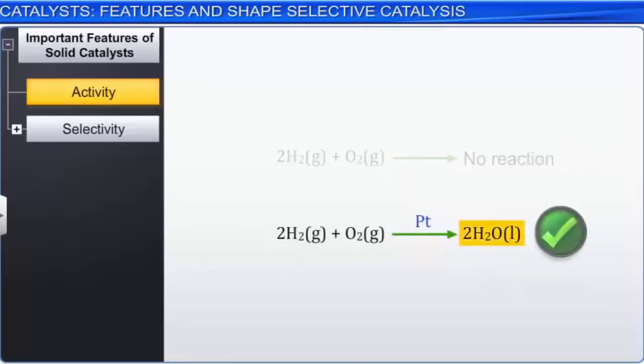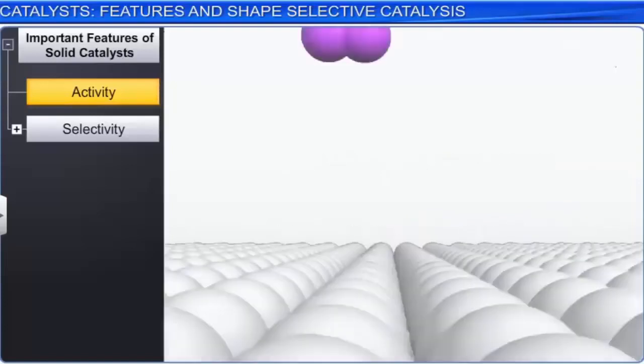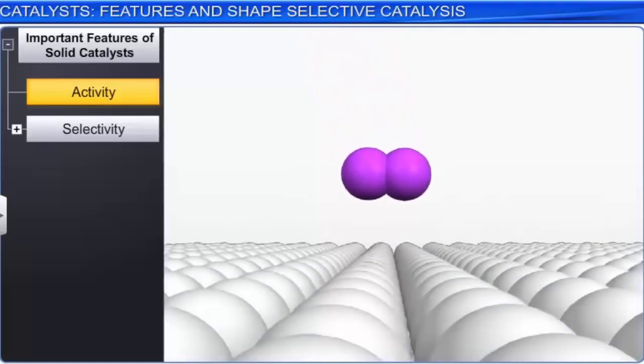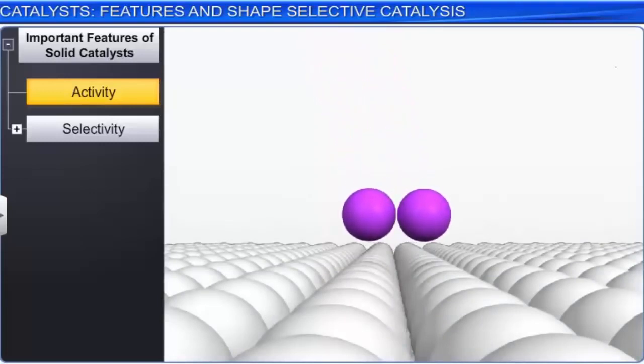Thus, the activity of a catalyst depends upon the extent of chemisorption. The adsorption of the reactant molecules should not be so strong that their molecules become immobile, and further adsorption of reactant molecules is not possible.